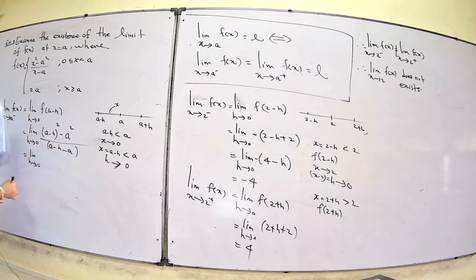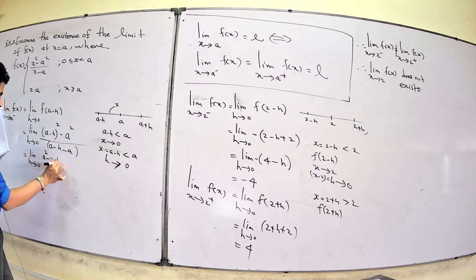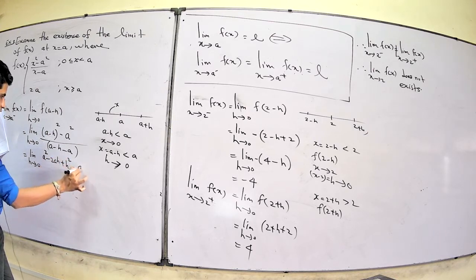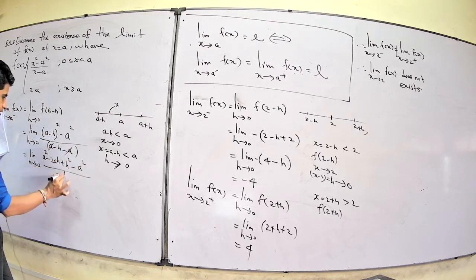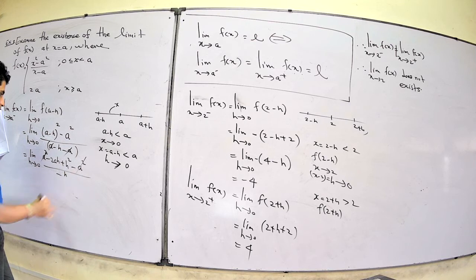Here you get a squared minus 2ah plus h squared minus a squared, over minus h. Now you cancel the a squared terms, and if you cancel the minus h term, then you get 2a minus h, right?